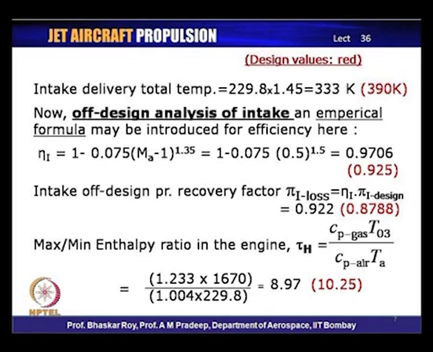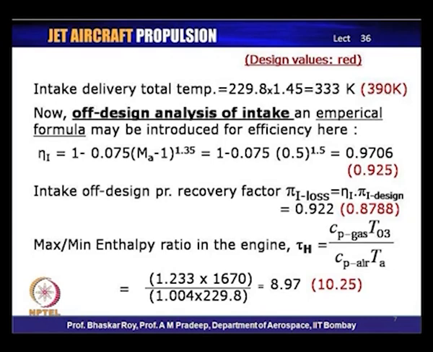This should not be a big surprise, since it is now operating at Mach 1.5, a lower Mach number, and the shock losses would be far lower than at the design point, which was at Mach 2. So, this higher intake efficiency should be quite acceptable.